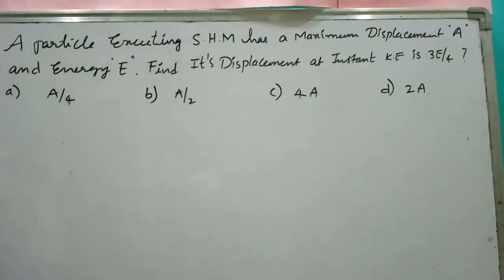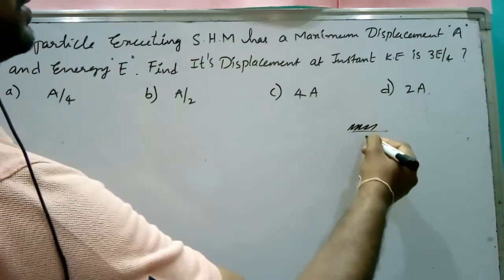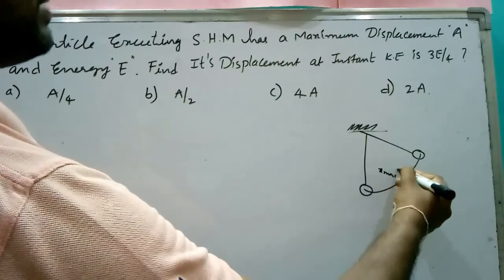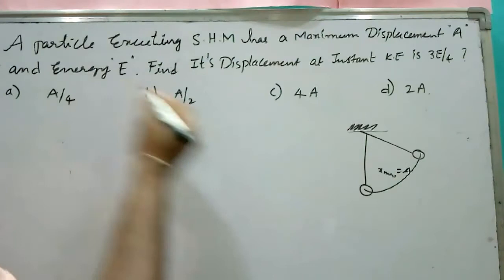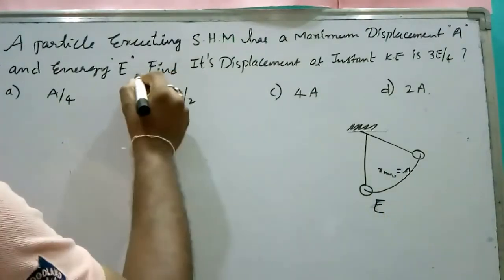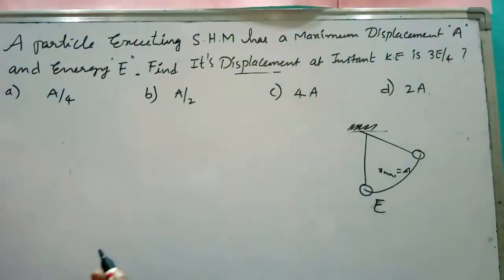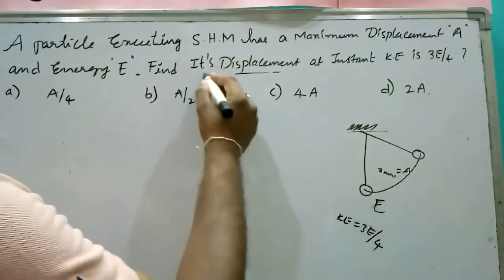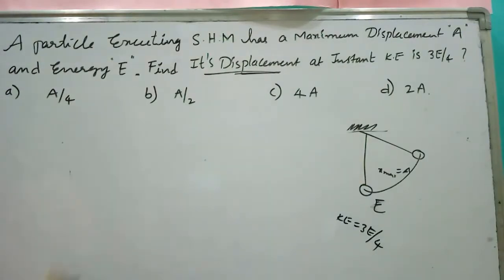A particle executing simple harmonic motion has a maximum displacement A. So this is a simple harmonic oscillator, and the maximum displacement is X maximum equal to A. Find its displacement at the instant when kinetic energy is 3 by 4 of the total energy E. The given options are A by 4, A by 2, 4A and 2A.